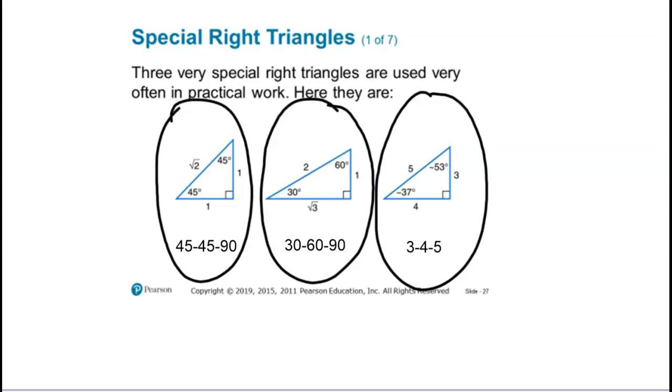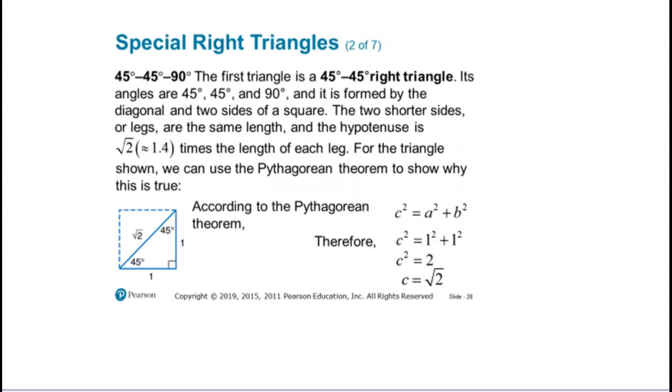Okay, so let's look at our first special right triangle, a 45, 45, 90. I'm going to give you a brief breakdown of where the numbers came from, so that maybe you're a little more comfortable using these. If we have a side of 1 and another side of 1, let's call those A and B, then C is what we're looking for.